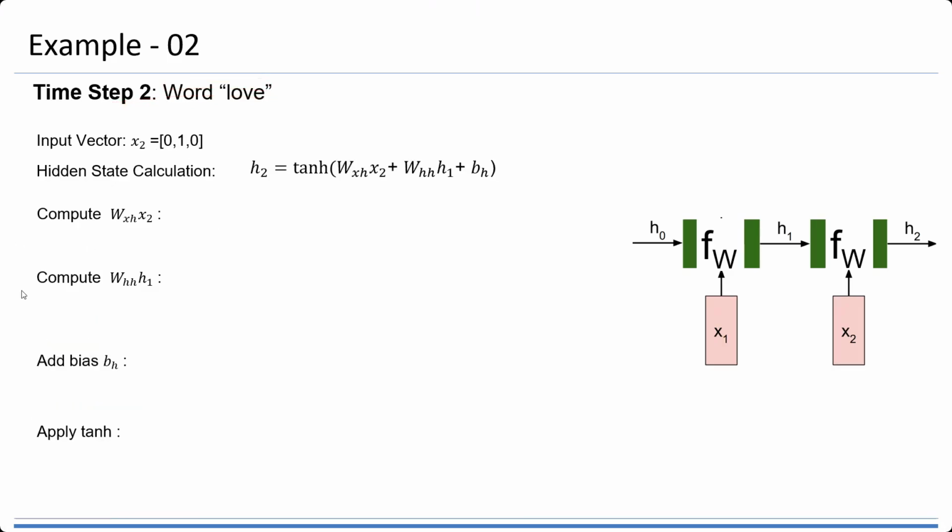Again, we are doing the xh multiplied by x2, and then plus the whh multiplied by h1, which is the result from the previous states, plus the bias. Then yeah, we have this matrix multiplication.